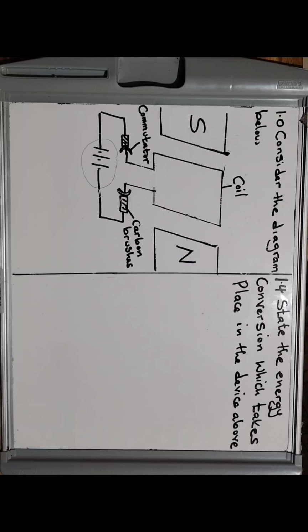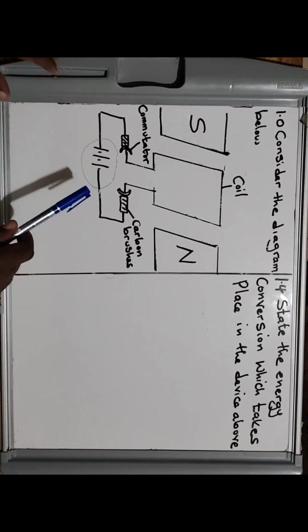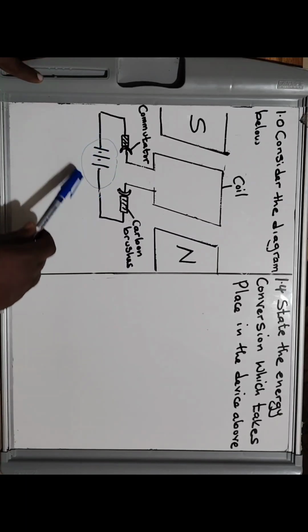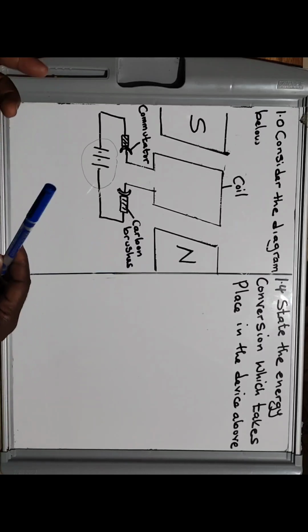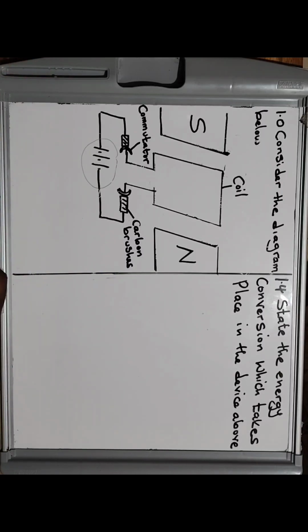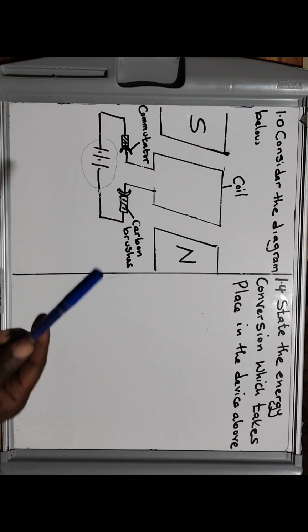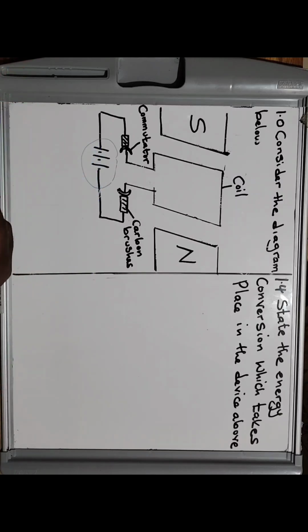Then comes this question. It says, state the energy conversion which takes place in the device above. We said the device is a motor by virtue of having a battery here. So what actually happens inside this device is that the chemical energy inside the battery changes into electrical energy.